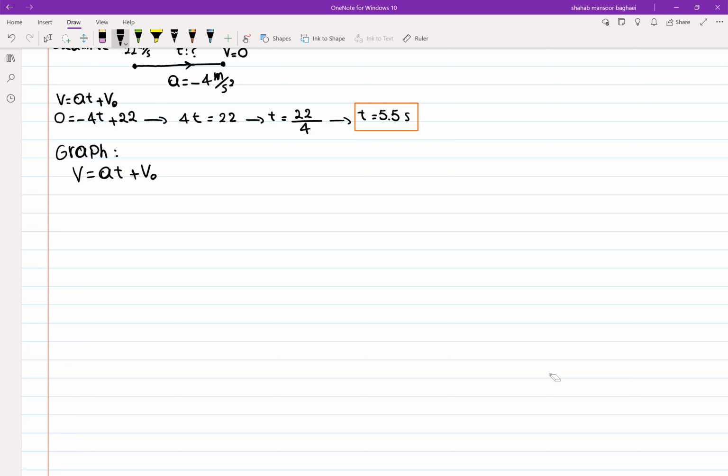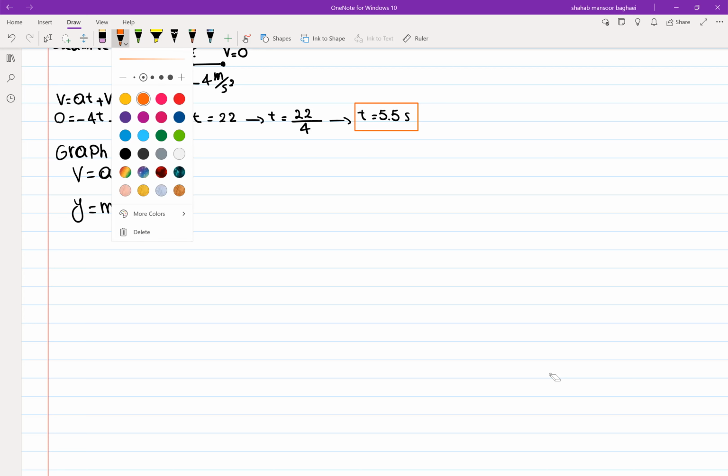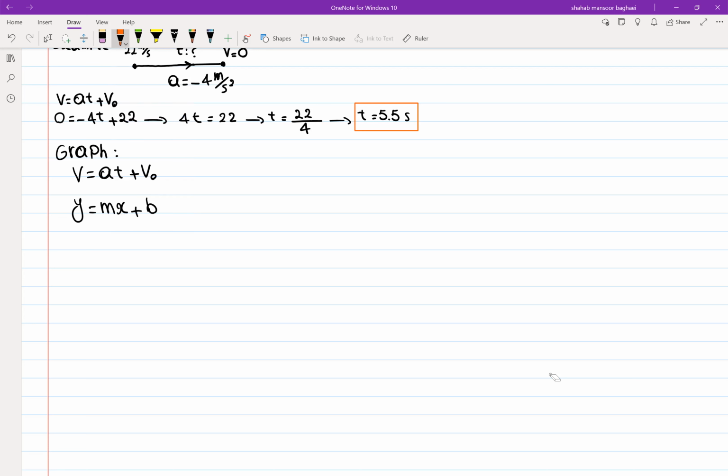If you remember from mathematics, we have the equation of a line. The equation of a straight line in mathematics is y equal to mx plus b. This is the equation of a line. And you know, we have some definitions here.